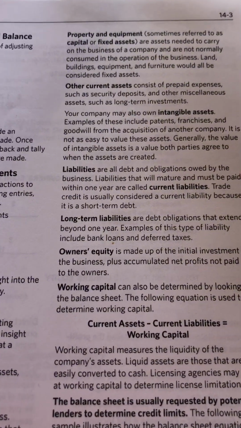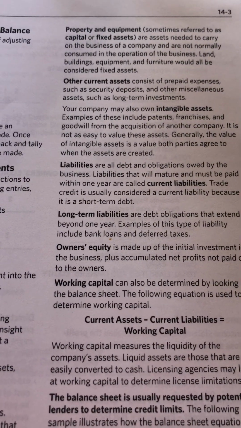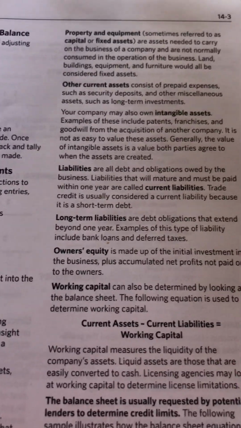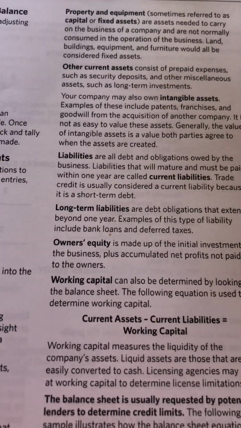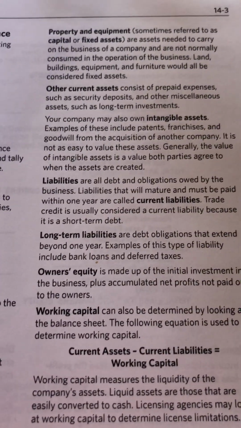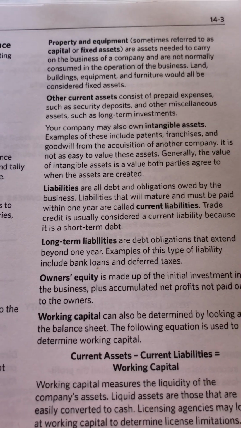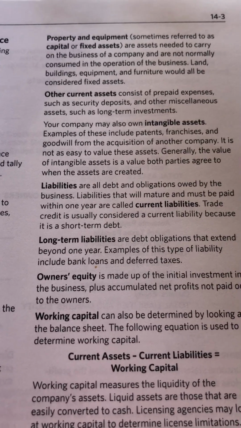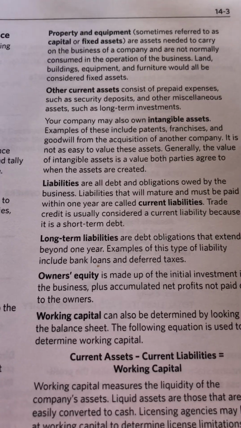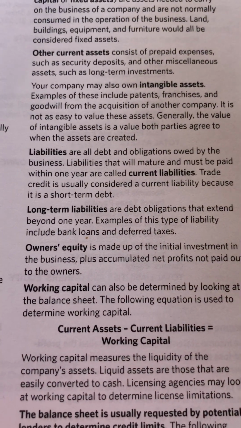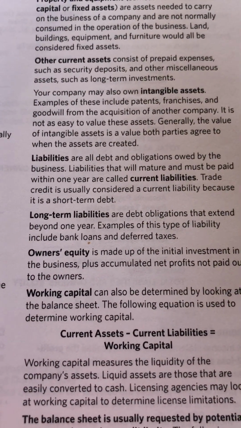Land, buildings, equipment, and furniture would all be considered fixed assets. I feel like it's definitely something in the test. That sounds really like test content to me.